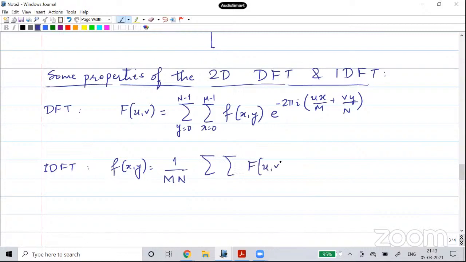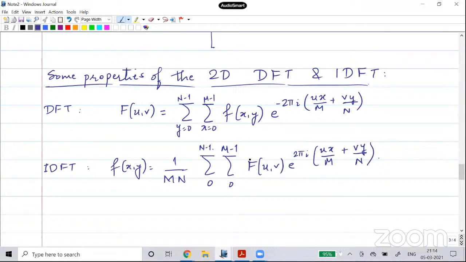Capital F(u, v) e raised to 2 pi i times (ux over m plus vy over n).